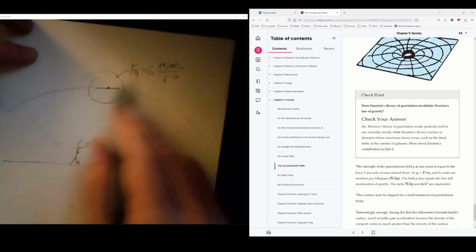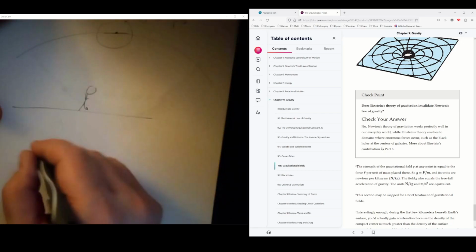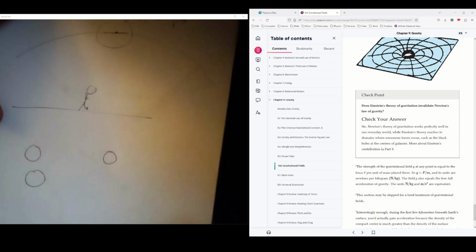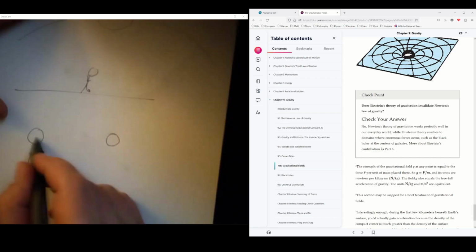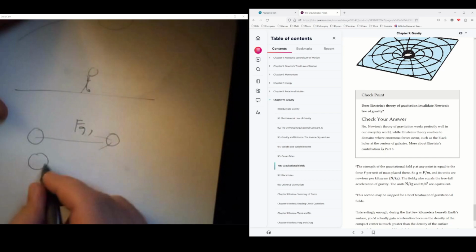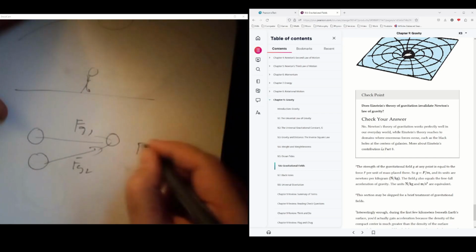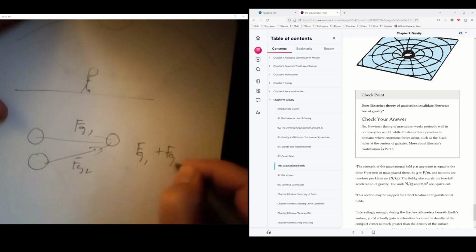And there are other things that are even technically not true about this. So, for instance, if I have 3 masses, with Newton's gravity, I can find this contribution for gravity, and this contribution for gravity. And then to get the total contribution for gravity, I could just add those together.